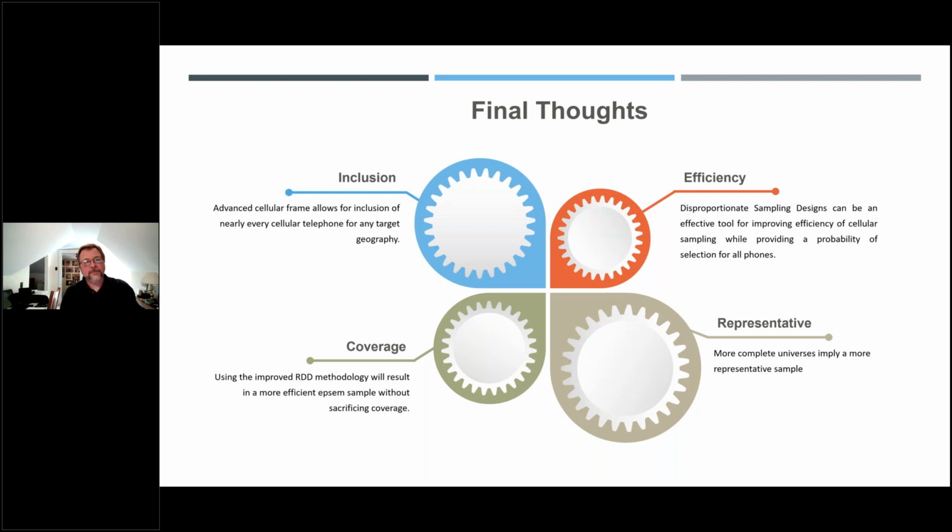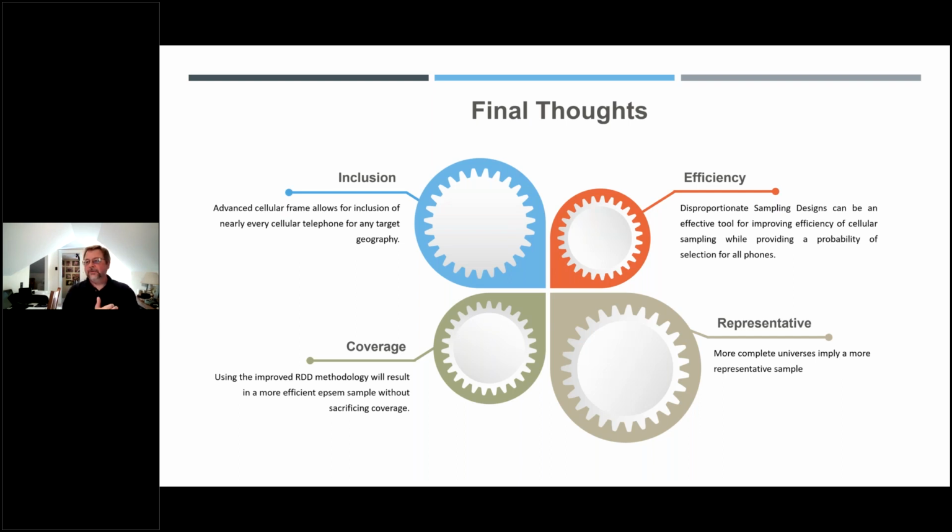And because this frame is so much larger, the listed frame in particular, it's 45% of the complete RDD frame. And a more complete universe implies that you will have a more representative sample. So the more people in your total universe that you can actually identify and sample, the more representative that sample will be of your target population.